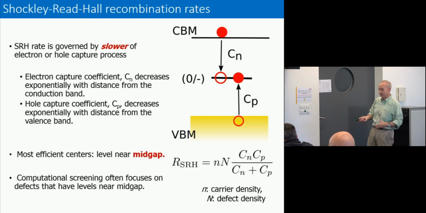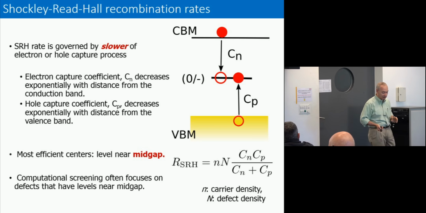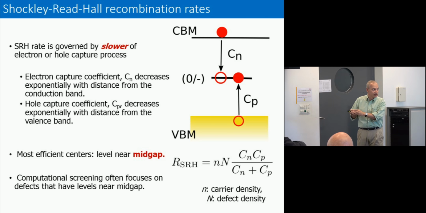Okay. Hopefully that's kind of intuitive. I mean, we can explicitly show that by going through all the equations and doing the calculations, but I think it's kind of intuitive that if there is only a small energy difference involved, the rate is high. The larger this energy difference is, the lower the rate is going to be.